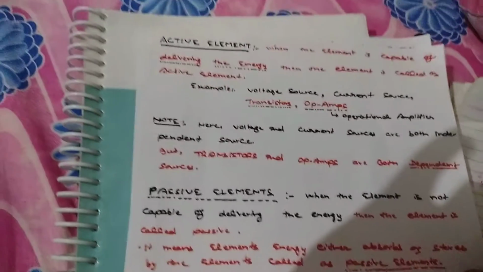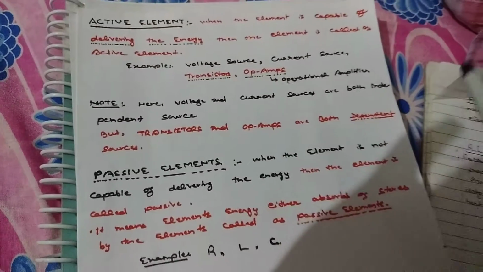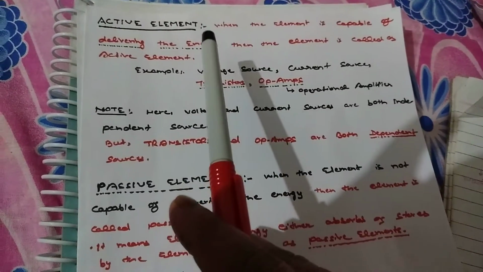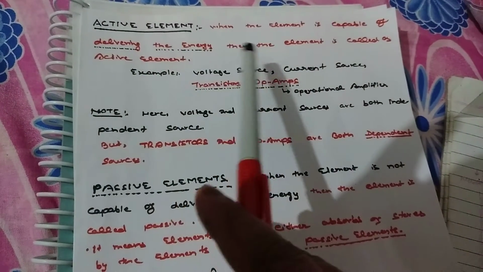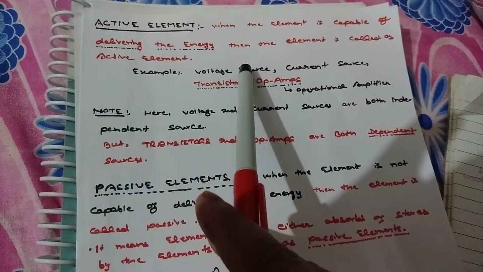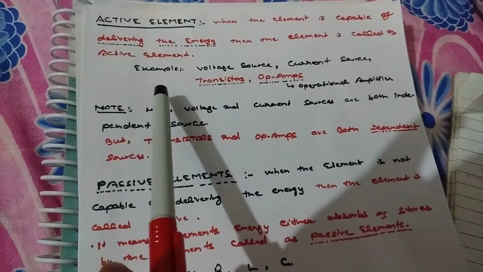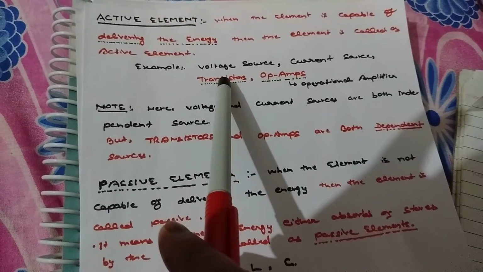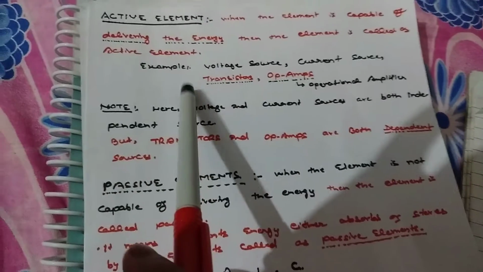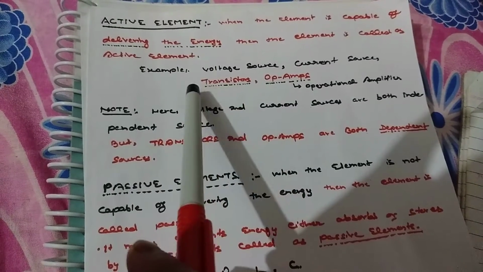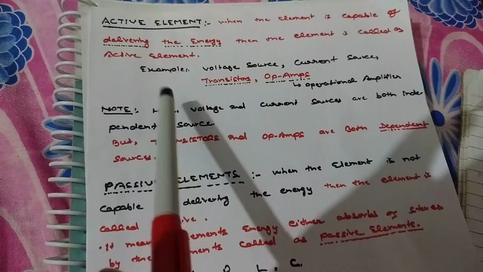Okay, students. Now, the next part is active elements. Now the proper definition lies here. यहाँ पर एक्टिव एलिमेंट को डिफाइन ऐसे किया जाता है, when the element is capable of delivering energy, then the element is called an active element. See, the most important thing is the example. In SSC, JE or in any of the PSUs where they take their own exams, they ask about active elements.